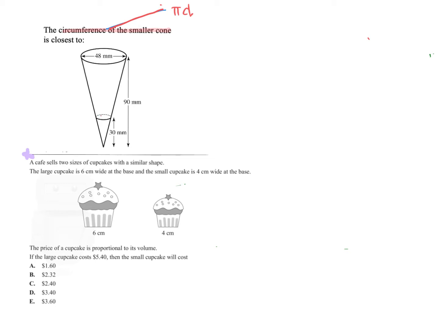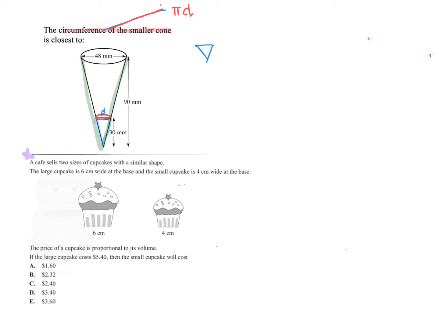So they want the circumference of this little circle, so I need the diameter across here. What we do have though is similar figures. So I'm going to call this bottom cone the small one, and then the whole thing is your larger figure there.